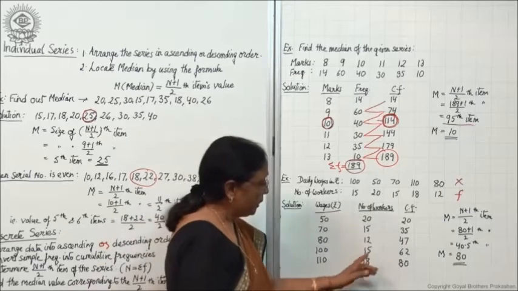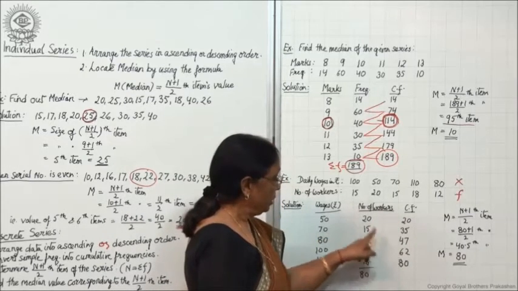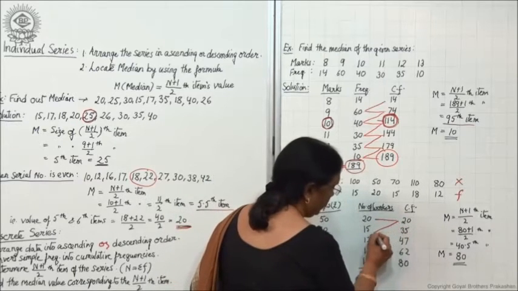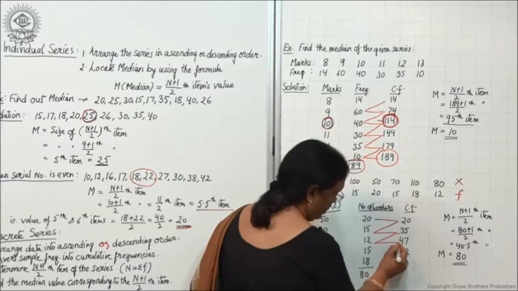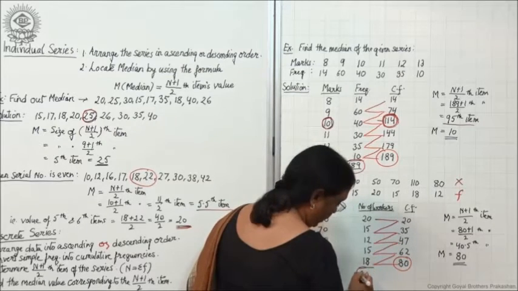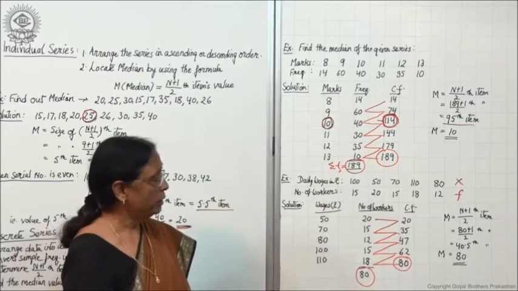Now the third step is to calculate CF. Here again you will calculate CF. This is 20, then 15, like this, and again 80 is the total, right? You will arrange the cumulative frequency.